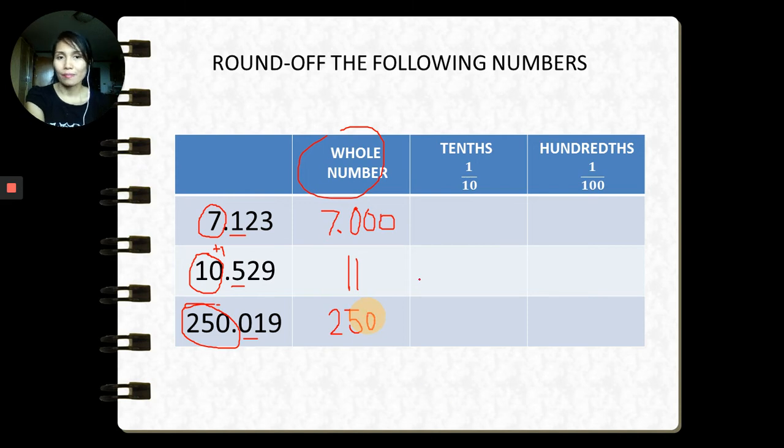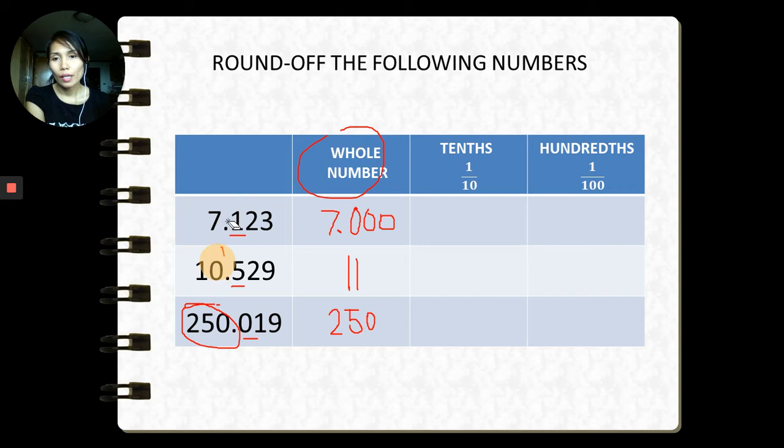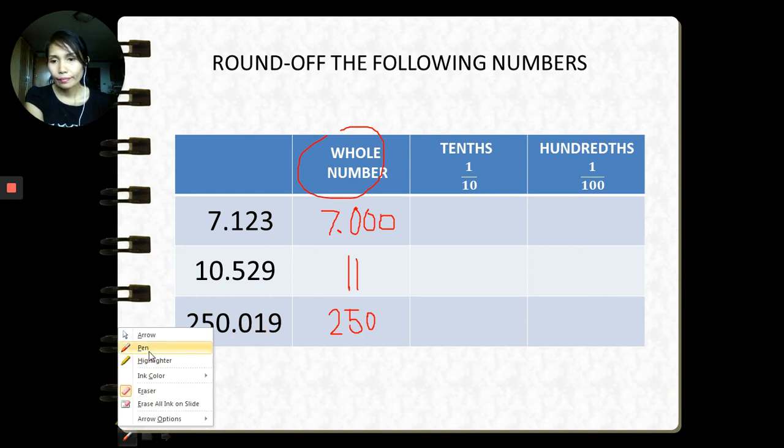Then that's it. Okay, now let's try tenths. Let's erase this one first, so you will not be confused. Okay, tenths. Where is the tenths place? In here, tenths is up to 1, right?